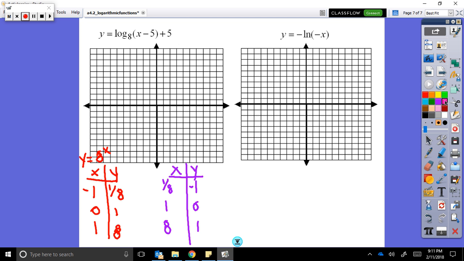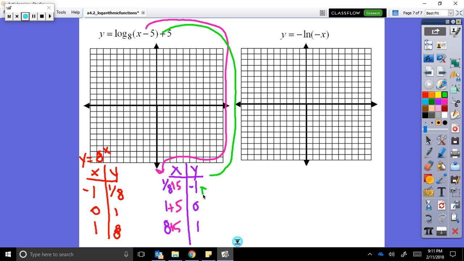Now we have to do the transformations. Remember that when we see a -5, really what is that doing? That's really doing a +5 to all of our x values. And then when we see a +5 outside, that one stays the same. We're doing a +5 to all of our y values.